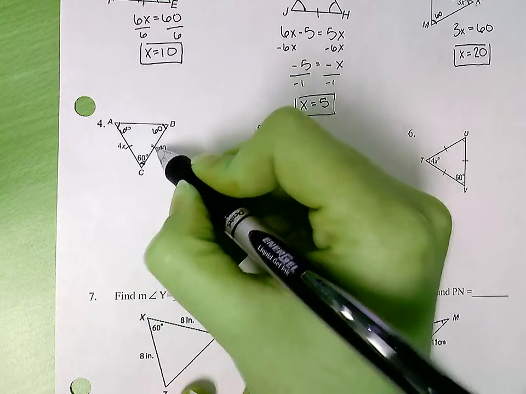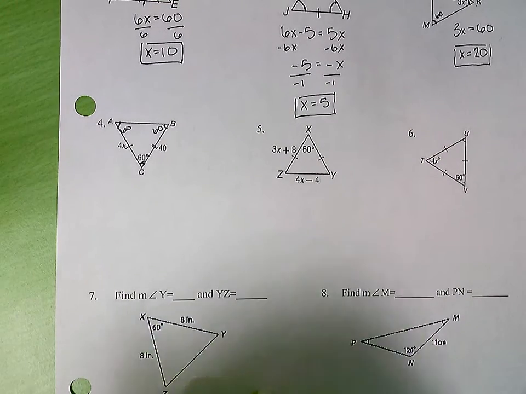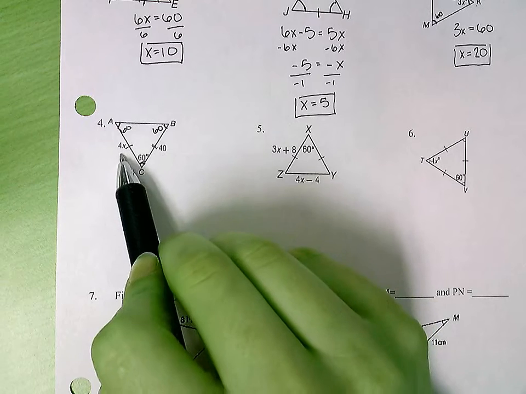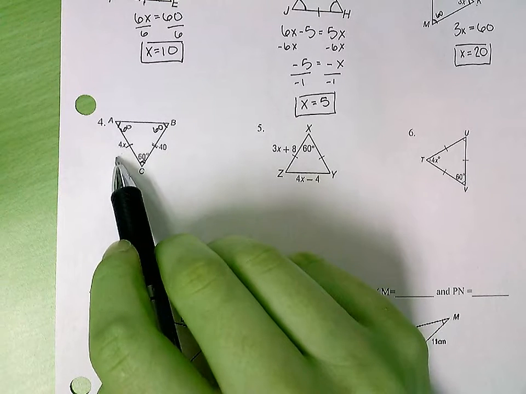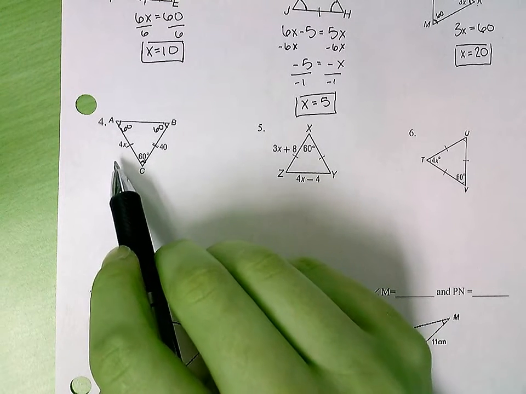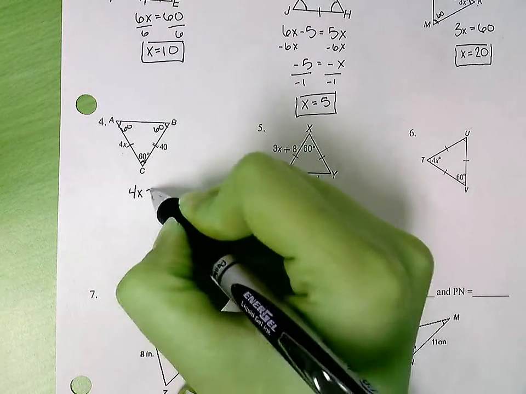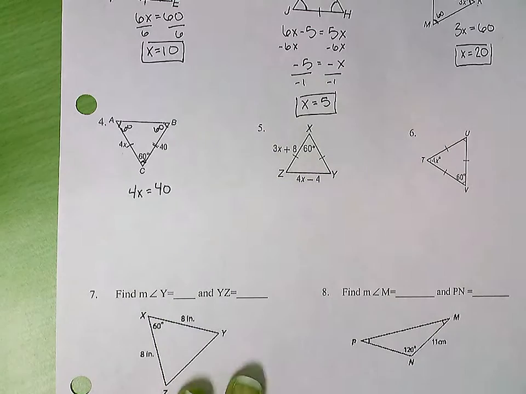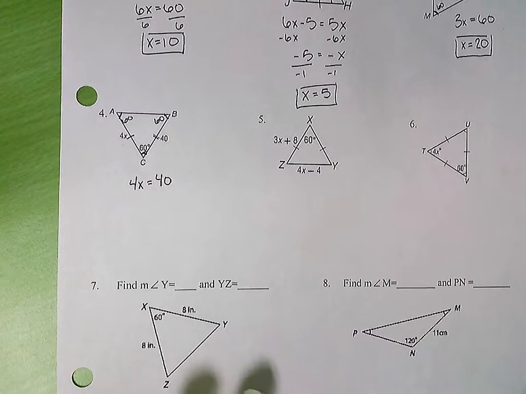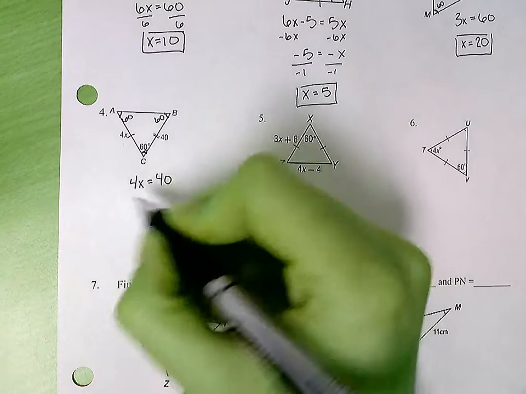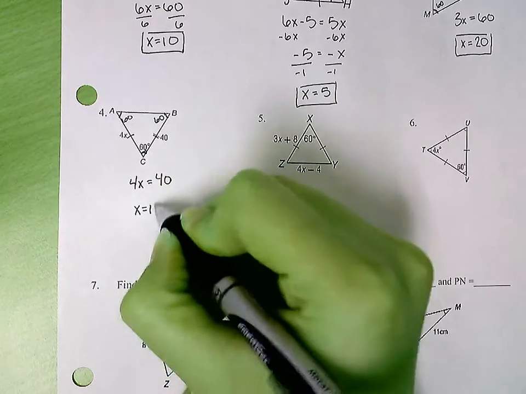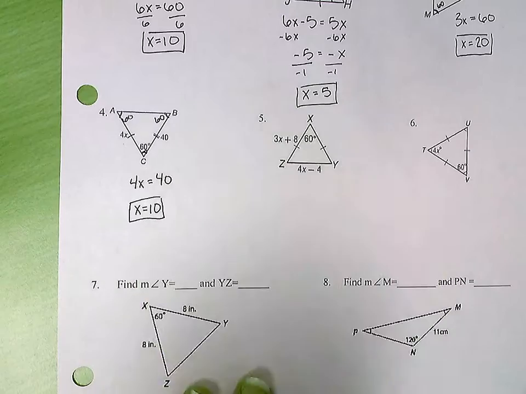And that was actually labeled in this one. Since those 2 sides are congruent, that means those 2 sides are equal. So we can set 4x equal to 40. Okay, and you'll divide by 4, and x will be 10.